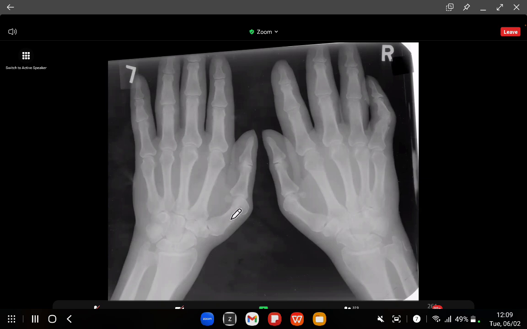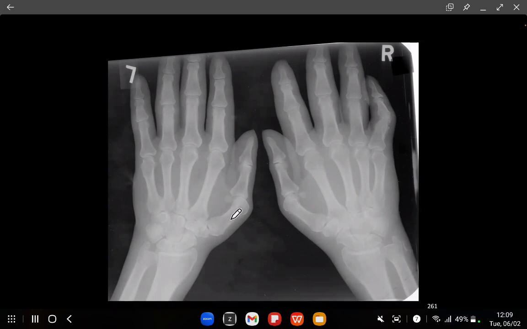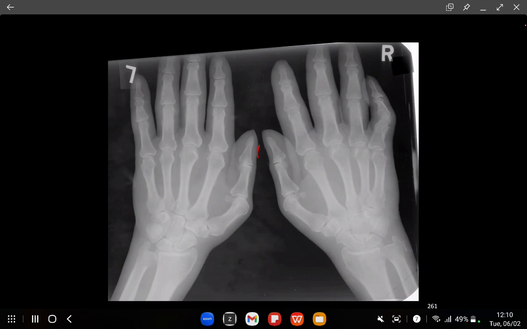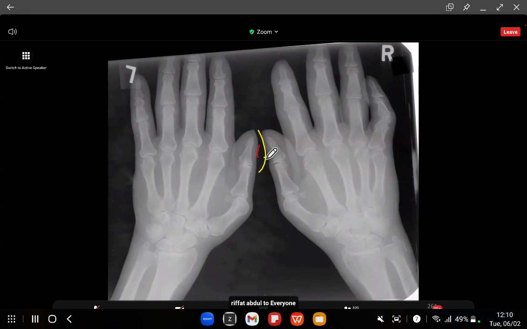And to be perfectly honest with you, there's not a great deal of difference, I don't think, except if you look here, the nail fold angle is just preserved, whereas in somebody who's got clubbing, you would see the nail fold angle becoming like that. Okay, so if that's the nail and that's the skin, it would be like that.